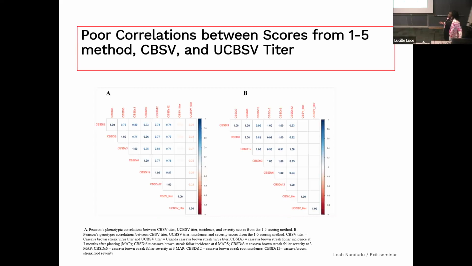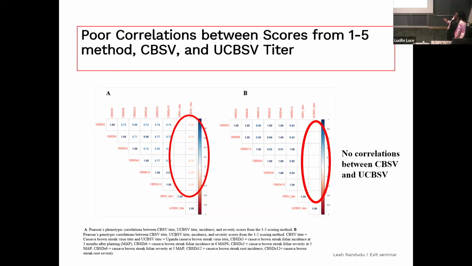When we looked at genotypic and phenotypic correlations, again, we see very poor correlations with the 1 to 5 scoring methods, both phenotypic and genotypic. It's important to also mention that CBSV and UCBSV were not correlated. That brings us to the notion that these are two different viruses acting differently, despite both of them being cassava brown streak viruses.